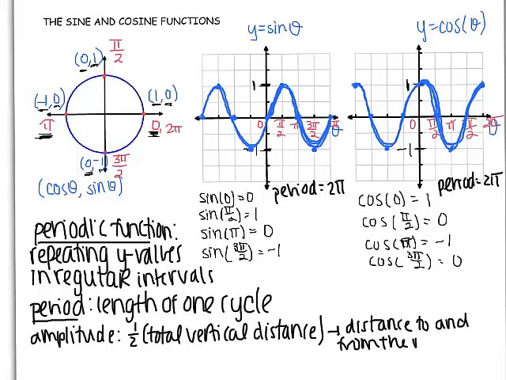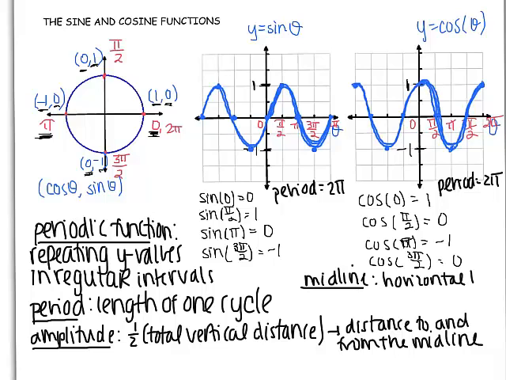If the amplitude represents half the total vertical distance, and also the distance to and from the midline, then it should make sense that the midline is a horizontal line that cuts the graph in half. So I'm just going to put that right here. The midline is a horizontal line that cuts the graph in half.